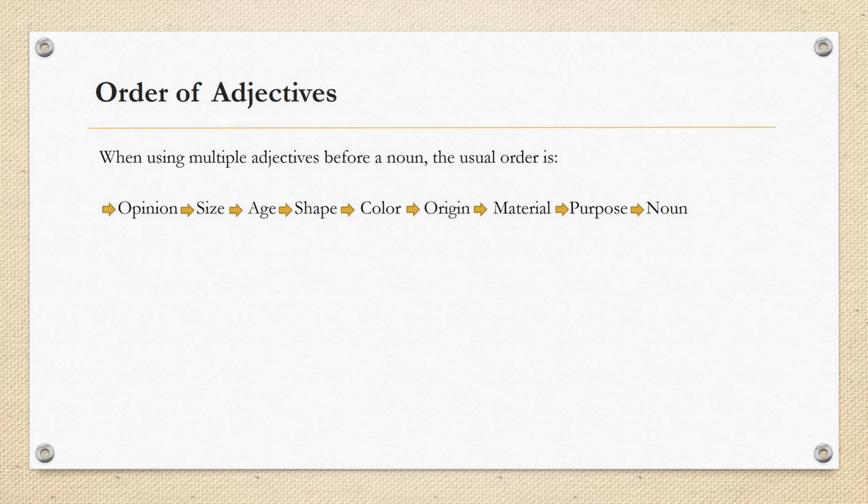Order of adjectives. When using multiple adjectives before a noun, the usual order is opinion, then size, then age, shape, color, origin, material, purpose, and then the noun. For example, "a lovely small old round wooden table."